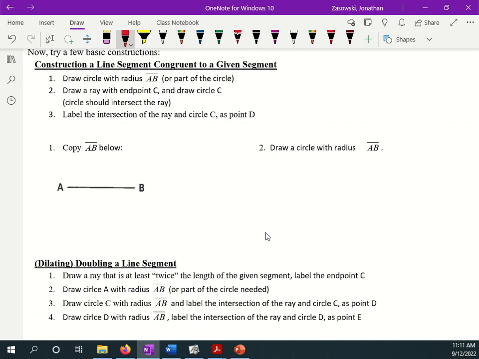Now, when we talk about the compass, we're going to call it a few things. This little guy right here, we like to call it the sharp point. So if you hear me say sharp point, I'm referring to the pointy part here. Two, this is called a pencil. And when we say open your compass, we just mean you're changing the length by some amount.